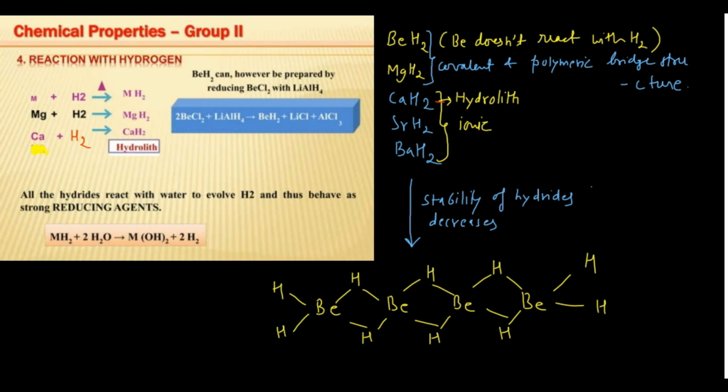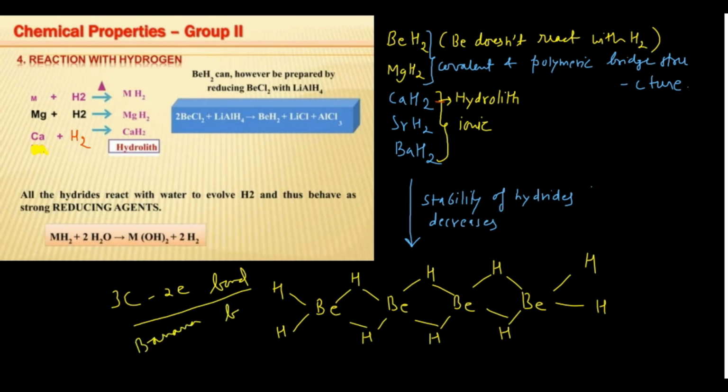And this polymeric structure has the three-centered two-electron bond, 3C2E bond, right? In the case of borane or diborane, you have learned about this 3C2E bond, electron deficient compounds. So it forms a banana bond.